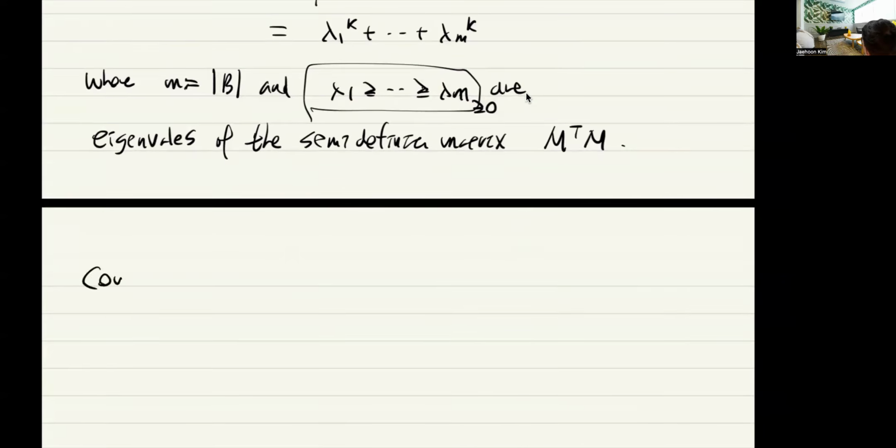Then what we know is the Courant-Fischer theorem, which is a well-known theorem. We also talked about this in the introduction of graph theory.